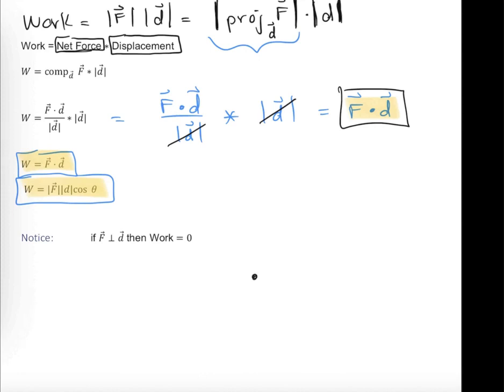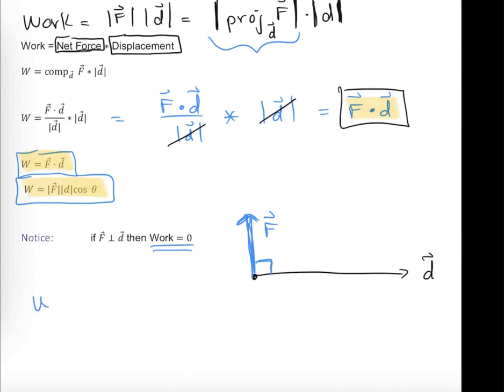Also, we notice that if the displacement vector and our force vector are perpendicular to each other, then we would say the amount of work being done by this force is zero. This force is not contributing anything to the displacement, and there is no work being done by this applied force. And that's true whenever the two vectors are perpendicular to each other.